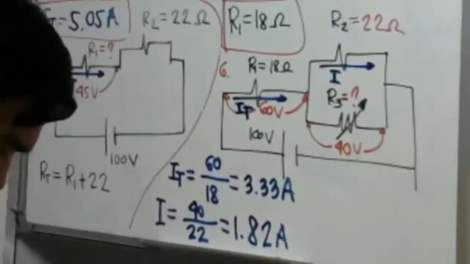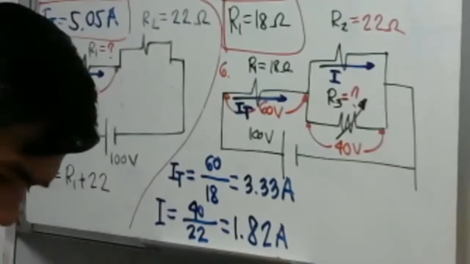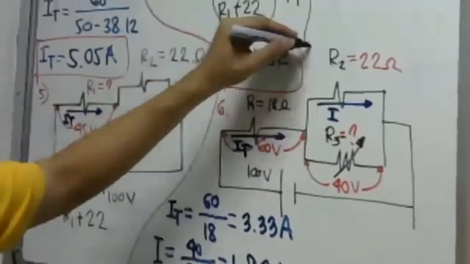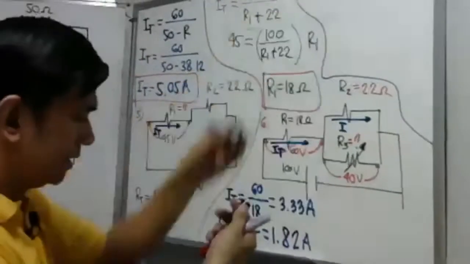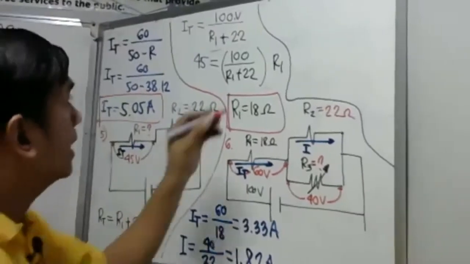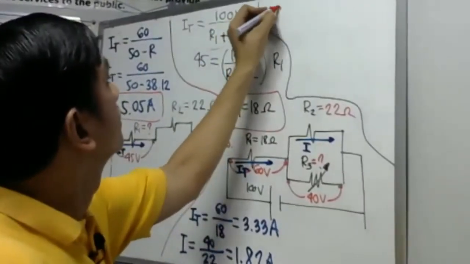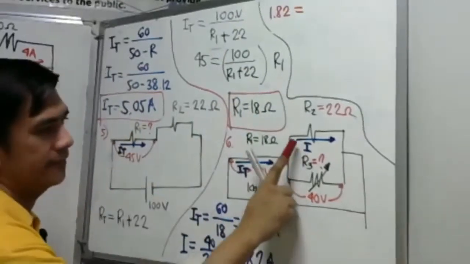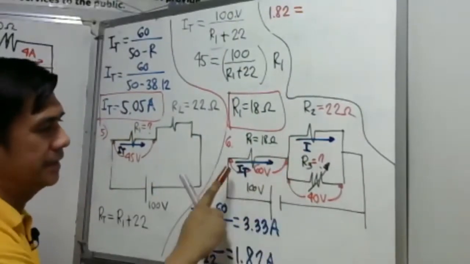Now, take a look here. I'll just use the space here. We have 1.82. That is equal to what? By current divider theorem, I total.